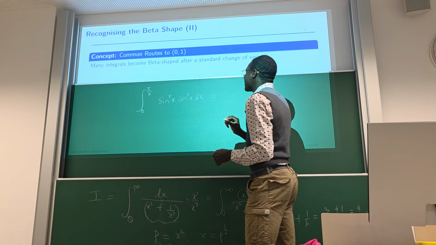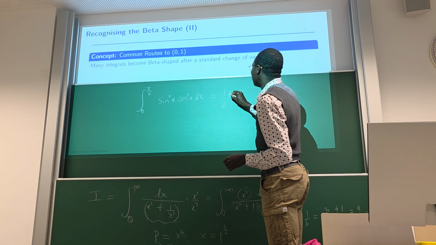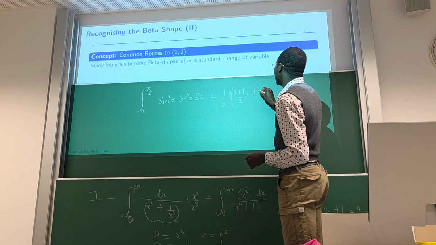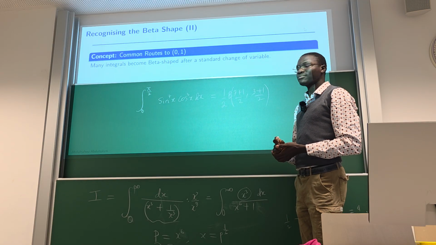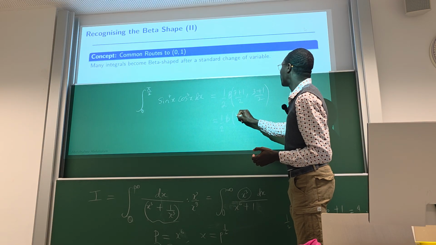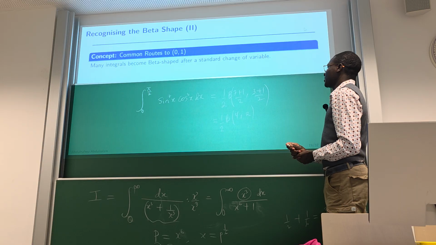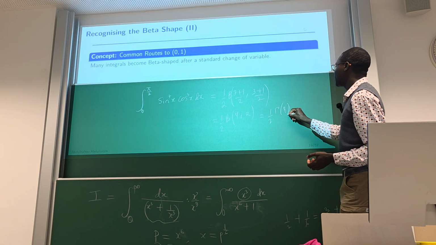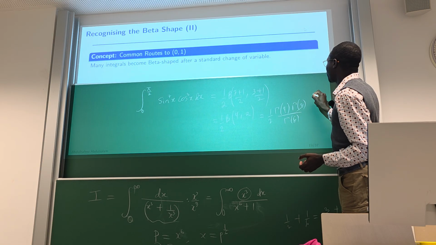Okay, so I would compute this. The result would just be half B of 7 plus 1 over 2, 3 plus 1 over 2. That would be half B of 4 and 2. And this would be half gamma 4 times gamma 2 over gamma 6. This is 1 factorial.